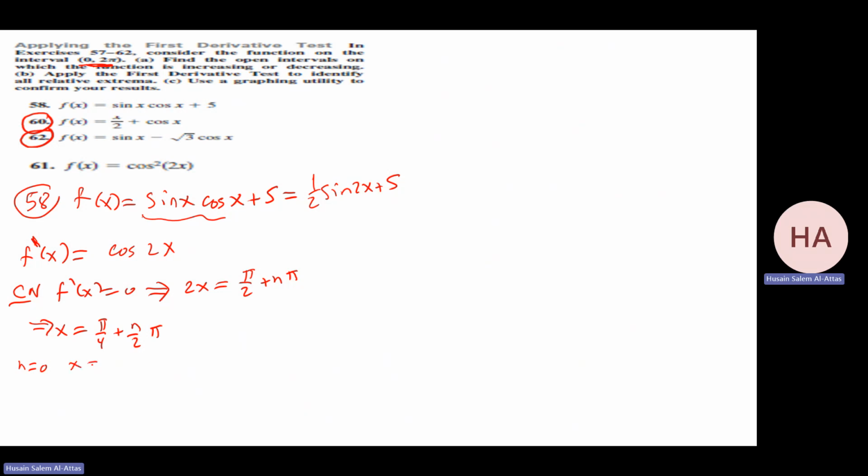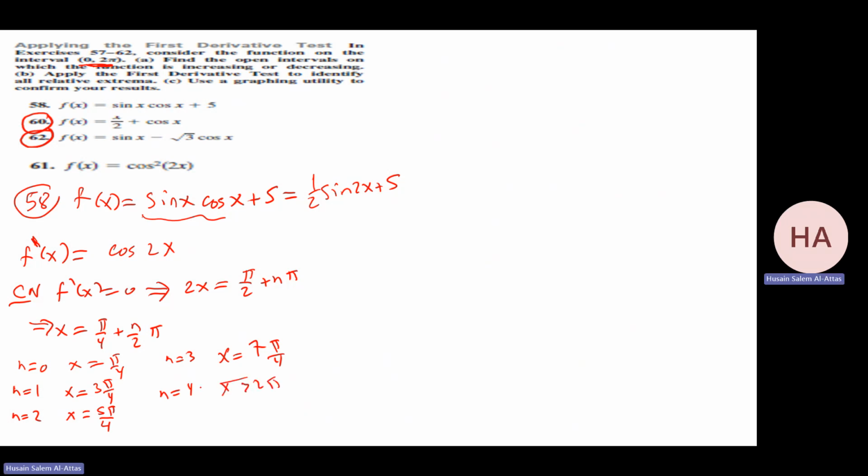n equals 0, I said x equals pi over 4. n equals 1, x will be what? 3 pi over 4. n equals 2, pi plus pi over 4, that will be 5 pi over 4. n equals 3, that will be 7 pi over 4. n equals 4, it will be greater than 2 pi.